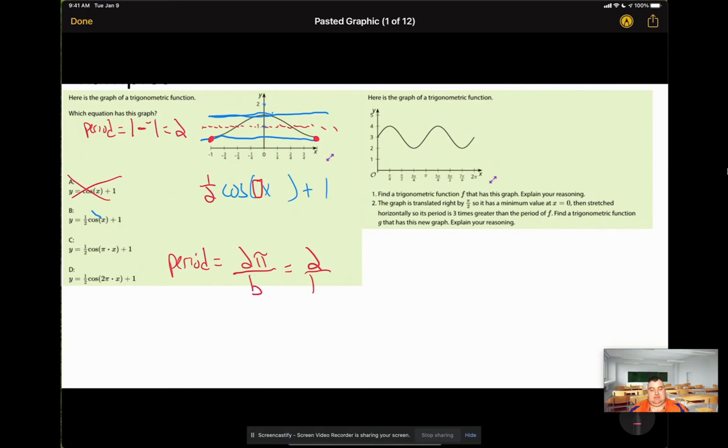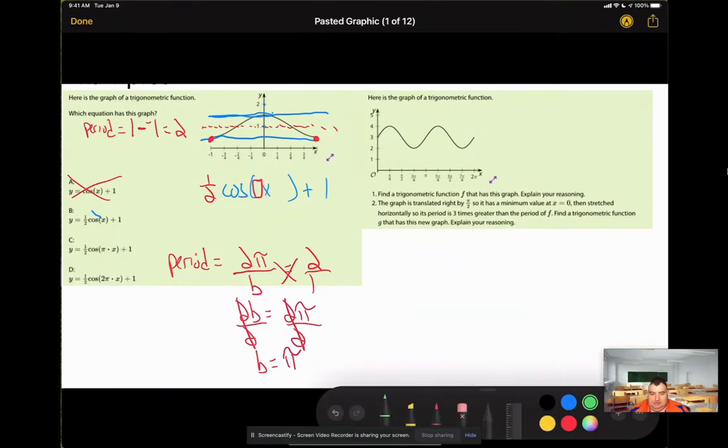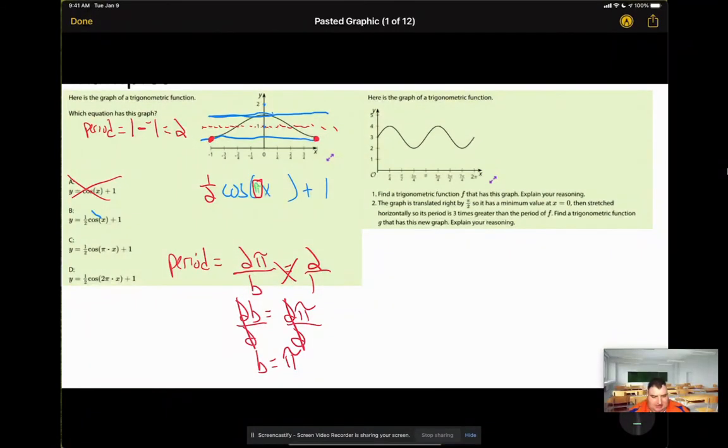I can solve this by cross multiplying. So 2b equals 2 pi times 1, which is 2 pi. Then I can divide both sides by 2, and this cancels and this cancels, and I get b equals pi. So the number that goes in the box is pi.